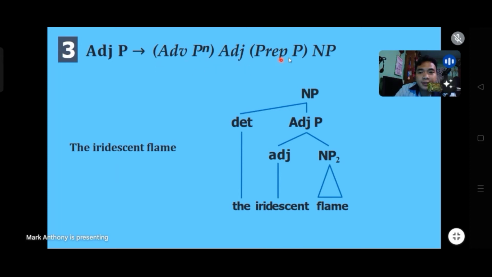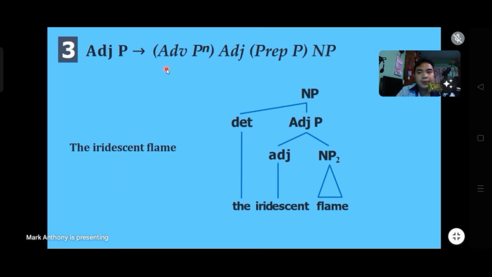As we can see here, we have the ADV, which means adverb, followed by an adjective, and then an enclosed PrepP, which literally means prepositional phrase, which is followed by an NP, or as we all know, a noun phrase.